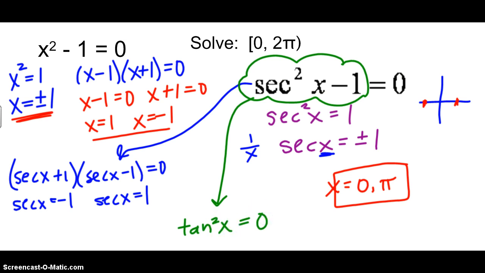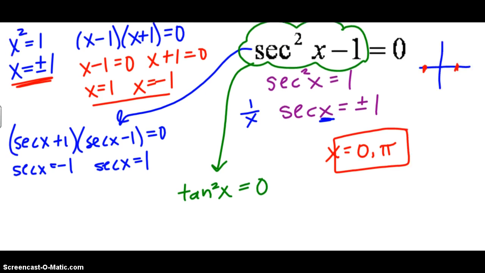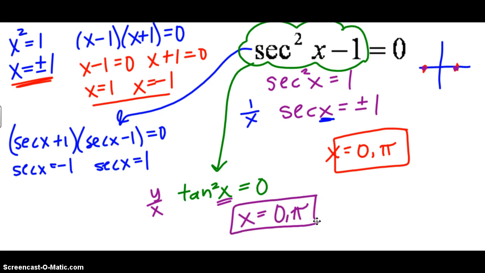So if I replace that, now I'm looking for where tangent, which we know is y over x, where is y over x equal to 0? Where is that happening on our unit circle? Well, y is 0 here and here. So again, I would get my angle values of 0 and pi. I don't care how you get there, just get there, making legal math moves and legal trig substitutions.